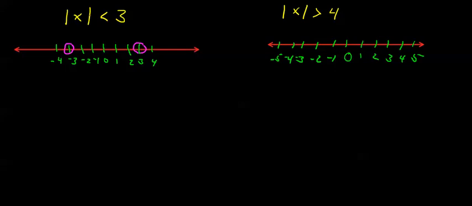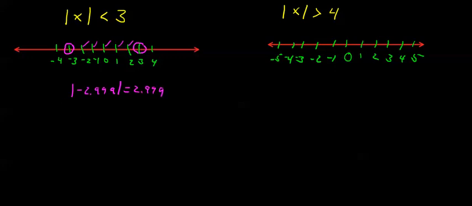And then what numbers have an absolute value of less than 3? 2 does, 1 does, 0 does. Absolute value of negative 1 is 1, that's good. Negative 2, that's good. Absolute value of negative 2.999 equals 2.999, definitely less than 3.